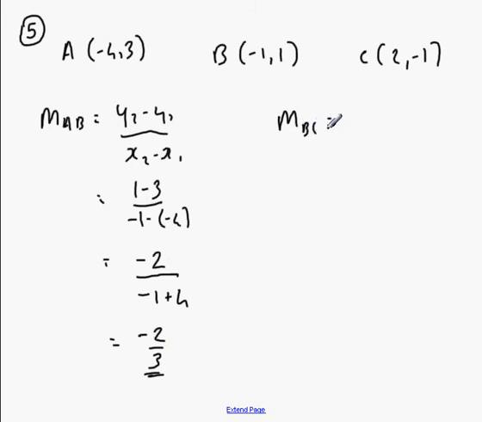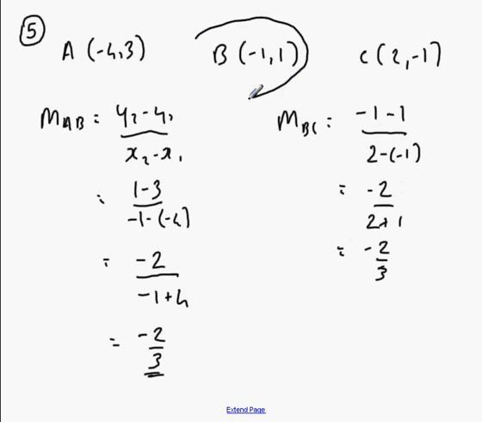So for BC, this time subbing in, we'll get minus 1 over 2 subtract minus 1. That's minus 2 over 2 plus 1, which again is minus 2 over 3. We've got a common point here, which is B.